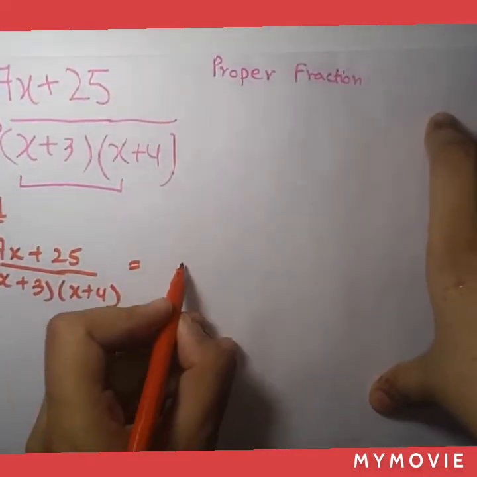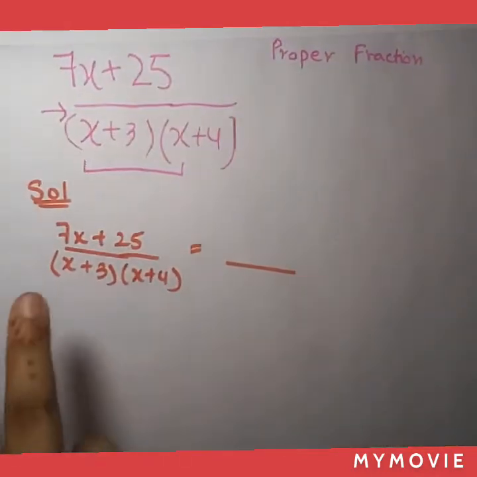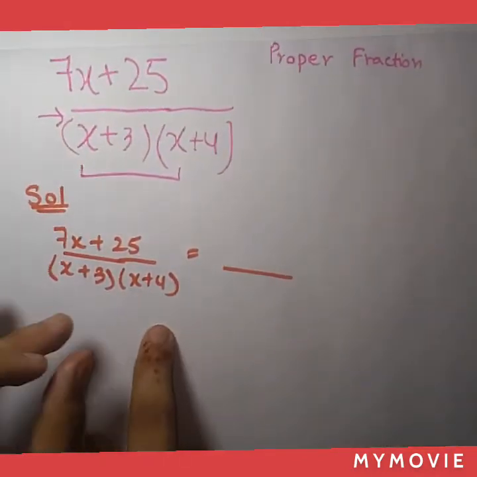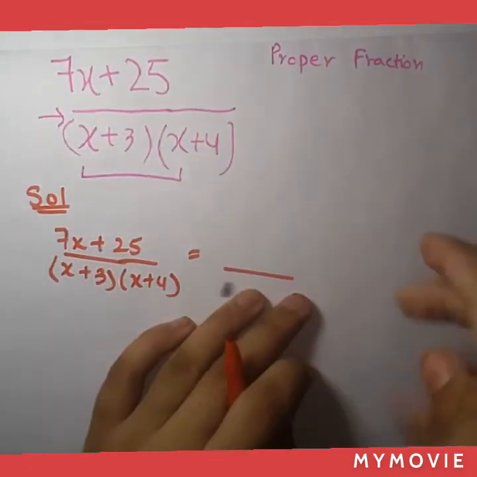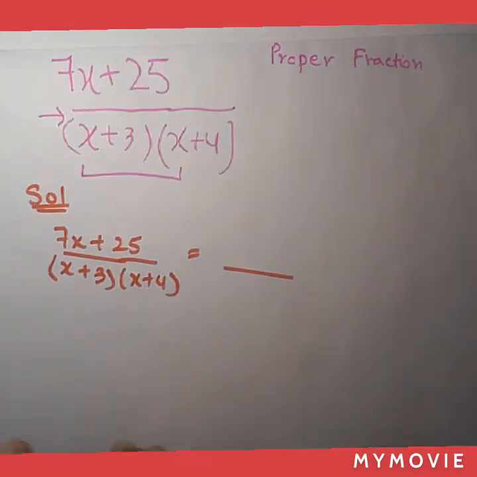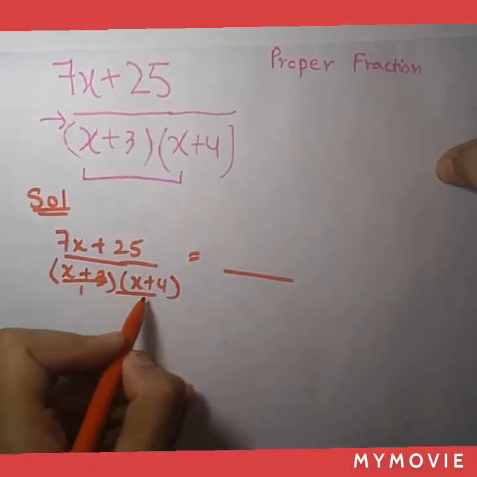Take it equal to a partial fraction. If two terms are multiplying each other, then there are two partials. If there are three, then three. It depends on the terms in the denominator. Count them: 1, 2.